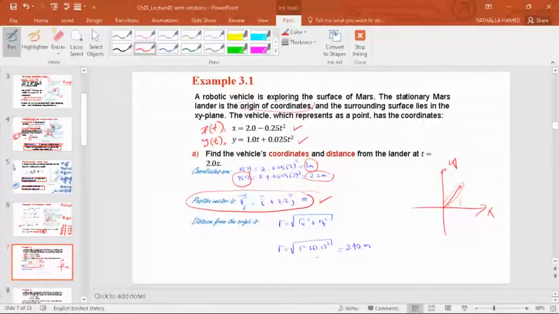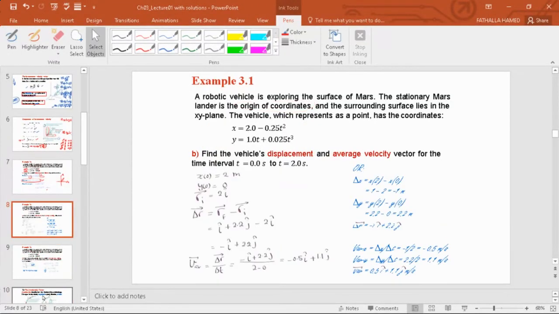So 1 squared plus 2.2 squared, and you get here 2.92 meters. Okay, and this is basically the distance of your vehicle from the origin.